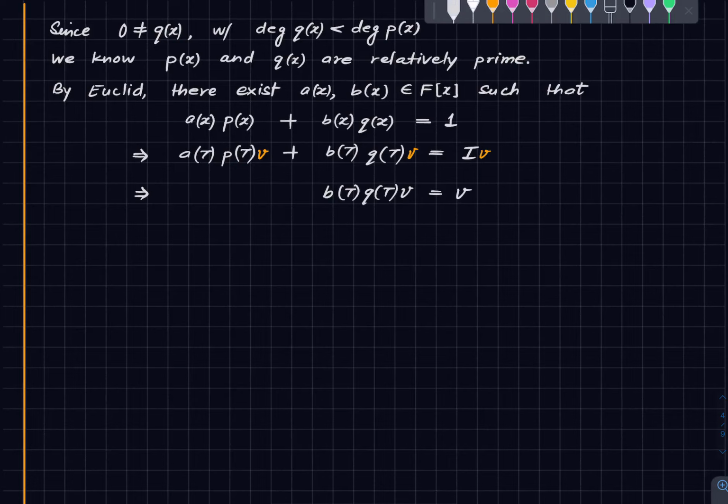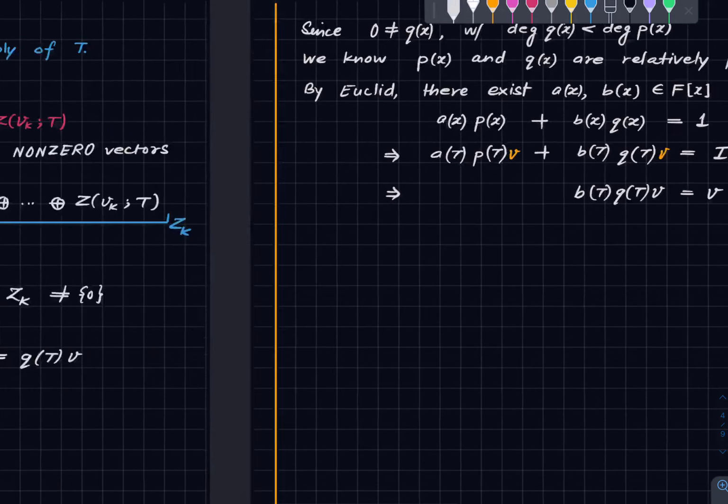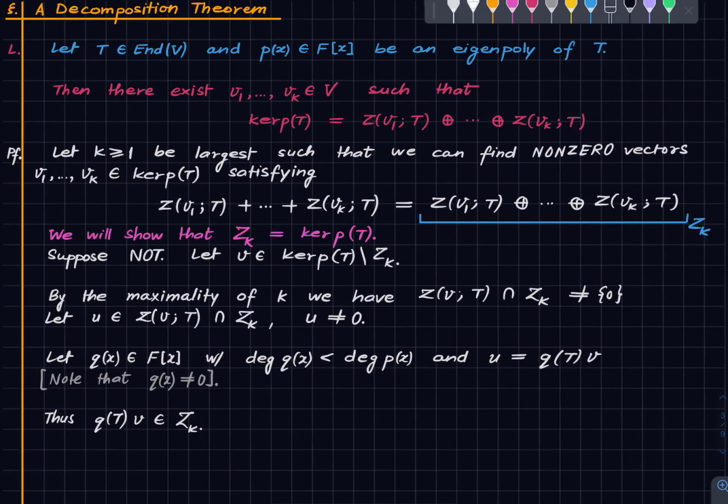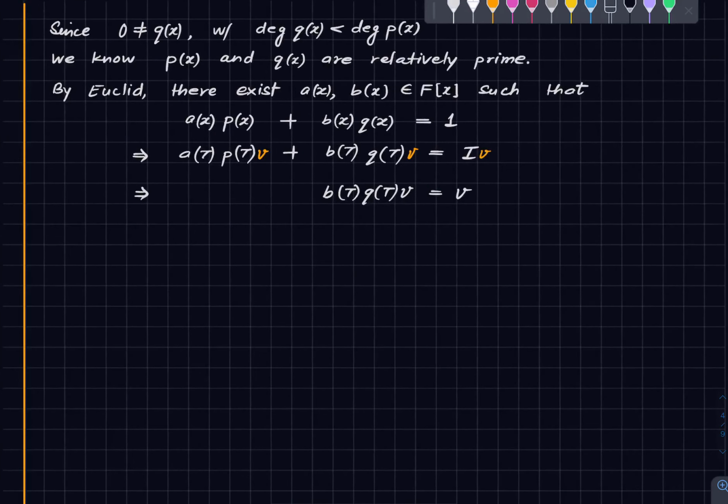So what we get is, so we have that. But then from this equation, thus BTQTV, which is equal to V as we just saw, is also in ZK.